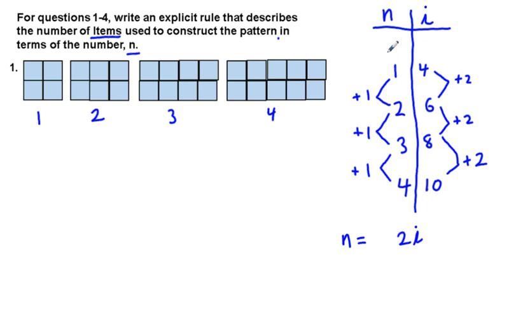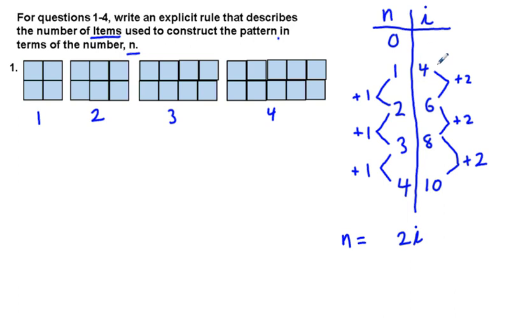But we have to get a starting point. And to get a starting point, if we can see where n is equal to 0, that will give us what our starting point is. Well, you notice that we went up 2 every time as we went from 4 to 6, from 6 to 8, and 8 to 10.